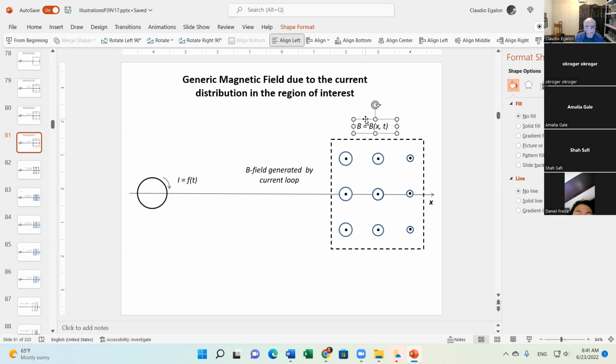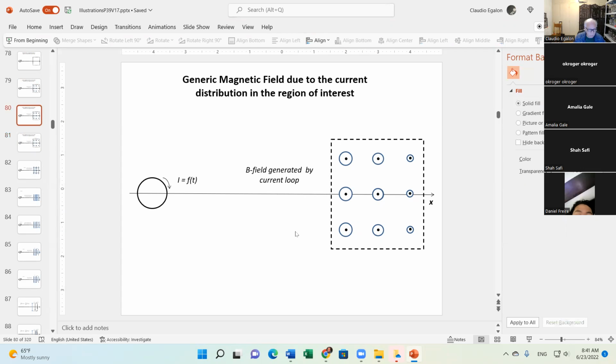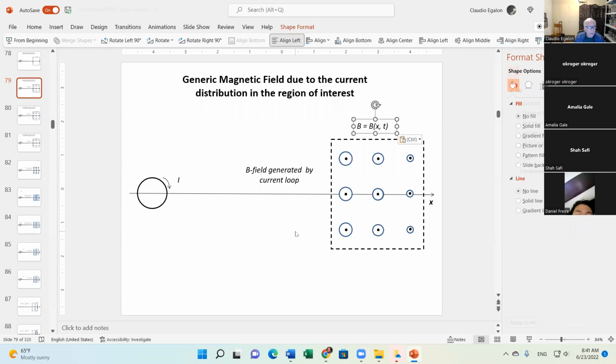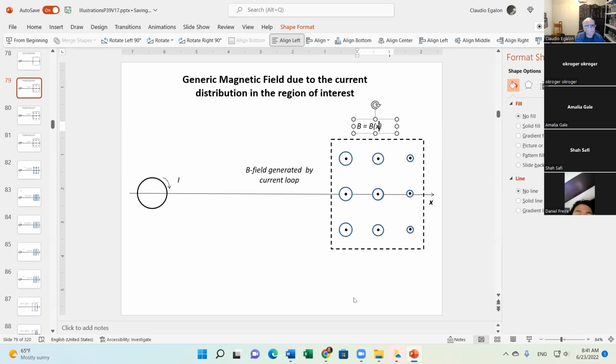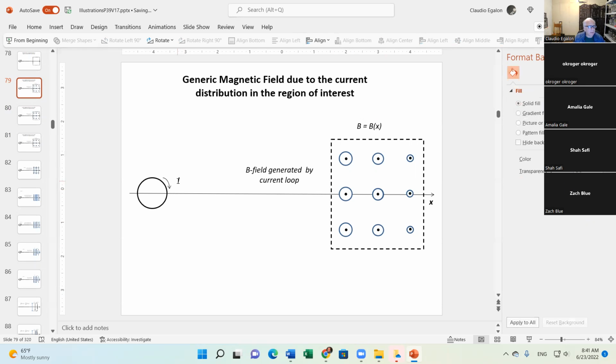So I'm going to elaborate a little bit more on the previous slide. Here we go. In this slide, I'm going to just state that the magnetic field is a function of position only, because I still didn't tell you that this current is a function of time.